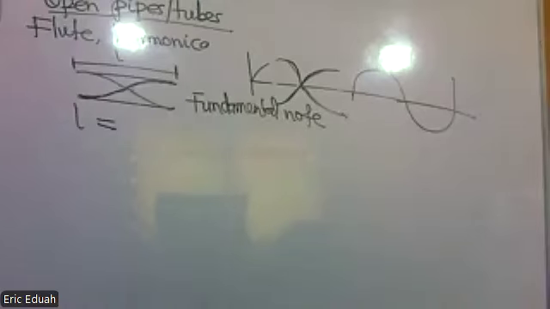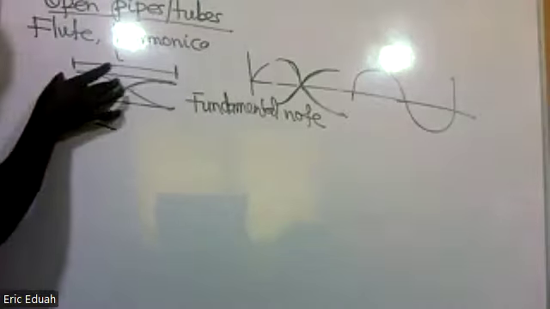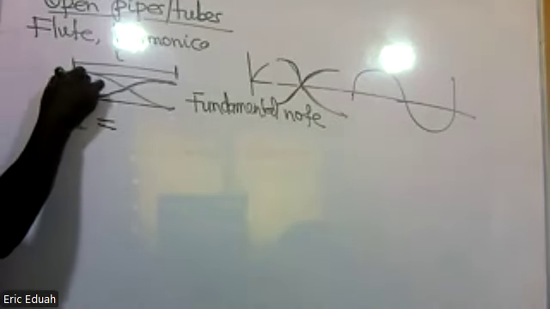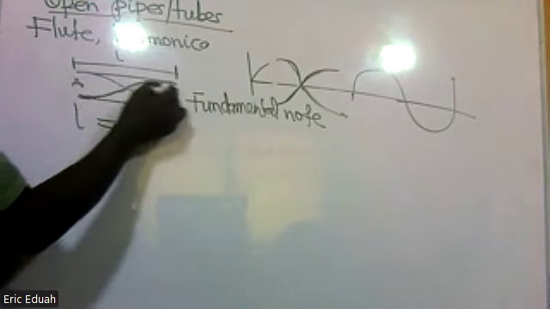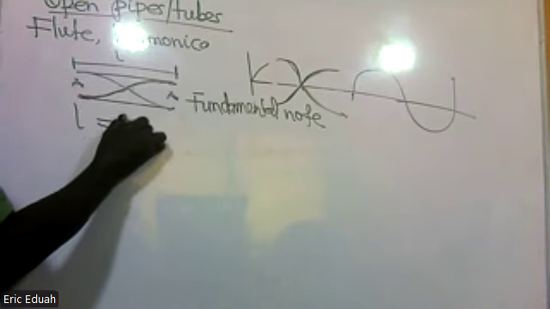Half lambda. Okay, so quarter, antinode, antinode. So quarter, another quarter. So how?